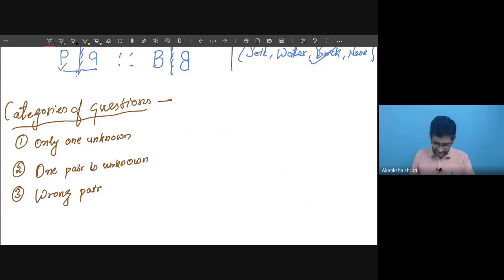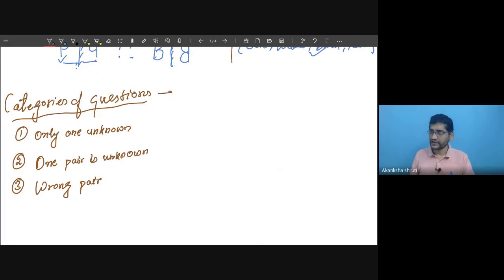So these are mostly the three broader categories, or maybe ask for the identical pair or similar pair. So whatever the relation being followed, with the same relation we have to verify.